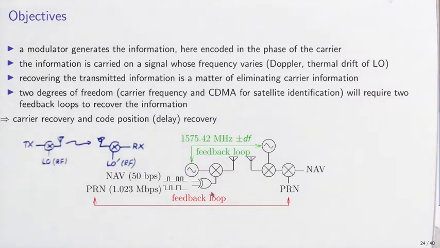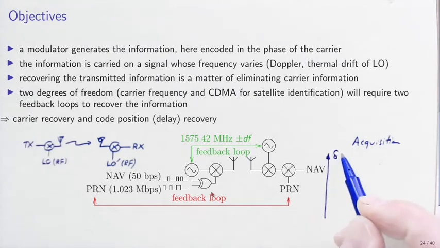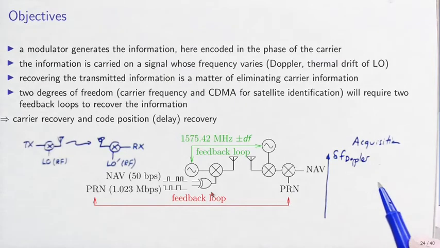So this means that during this acquisition phase, we will need to solve 2 issues. We need to solve what is the frequency offset due to whatever physical cause there is, whether it is the Doppler offset or an offset of the local oscillator.